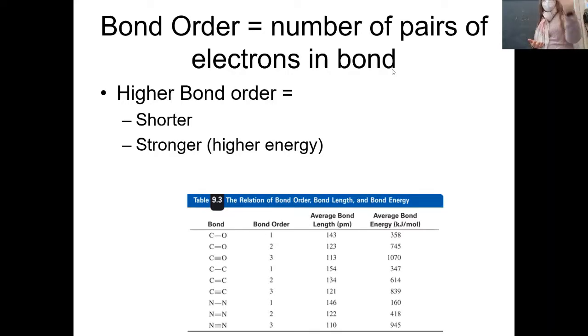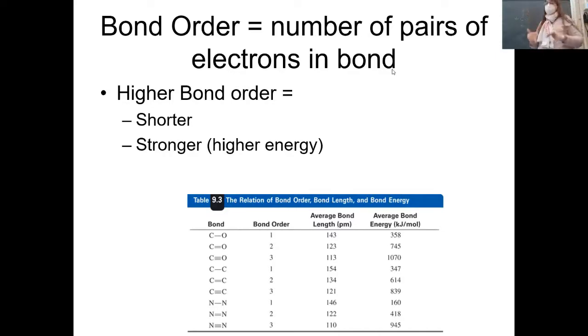So the first part of the bond, the single bond, is 347, but we didn't add another 347 to get to the double bond. We added a little bit less than that. That's what I mean by the value added, okay? So it's still a higher energy bond, but the additional energy is not quite as much as the original energy.